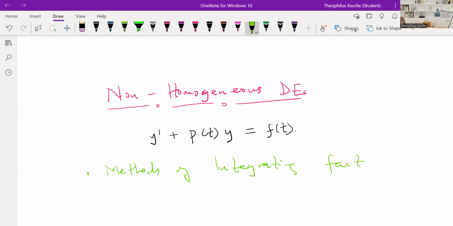We can also use what we call variation of parameters. Now, these are some of the techniques that we use to solve such problems. But for a start, we want to start with the integrating factor. Okay, good. Let's get going.